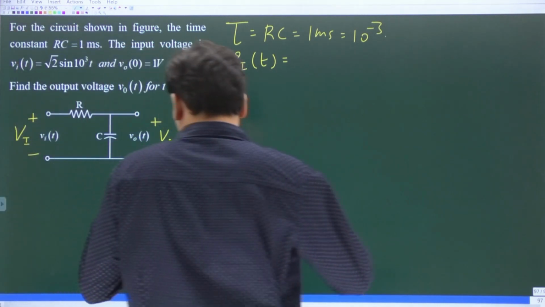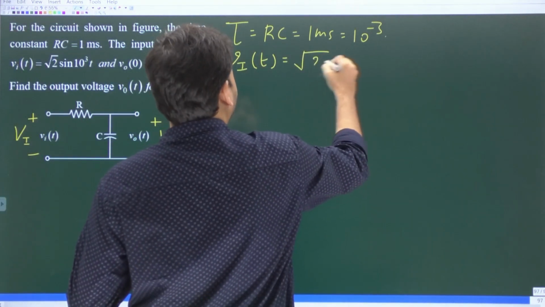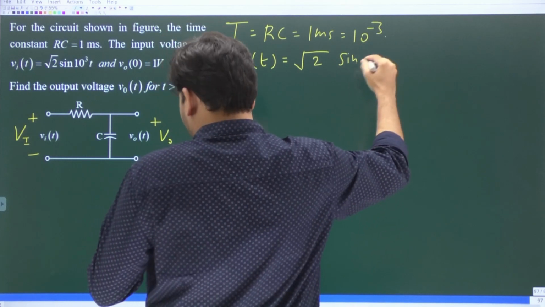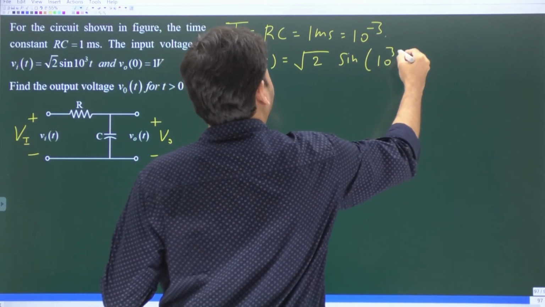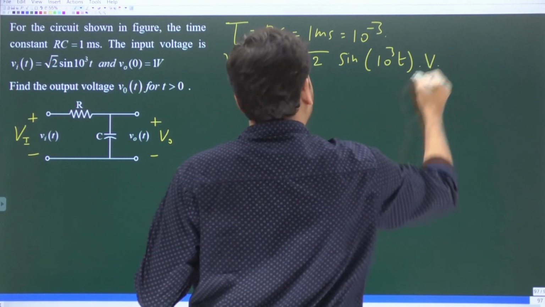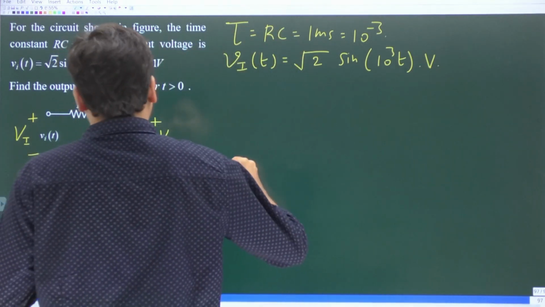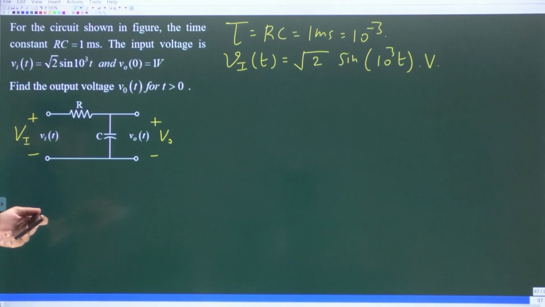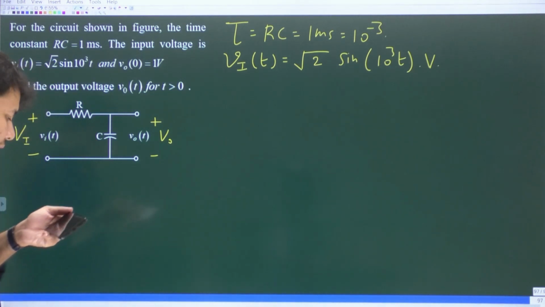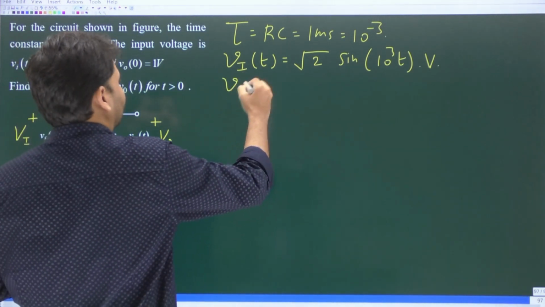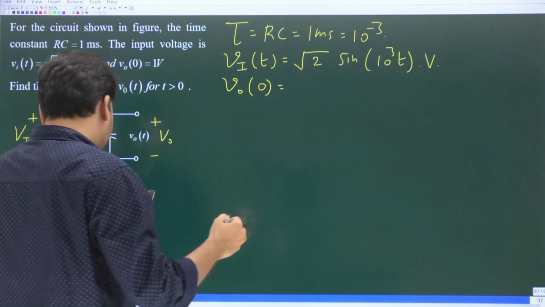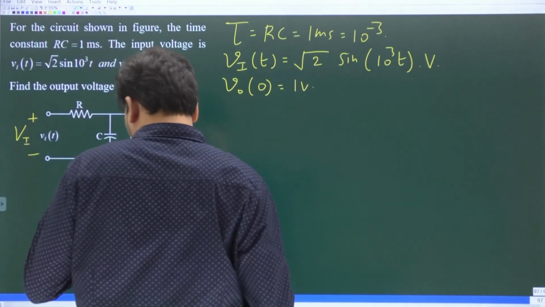As a function of time, it is what? √2 sine 10 power 3 t units volts, and the initial voltage across the cap is given V0 of 0. V0 of 0 is what? The initial voltage across the cap. It is given as 1 volt.